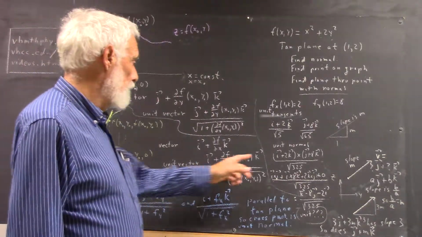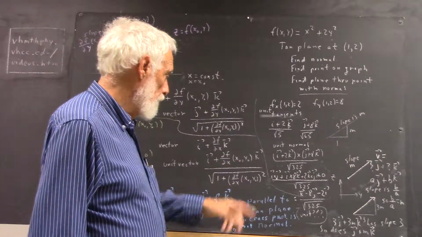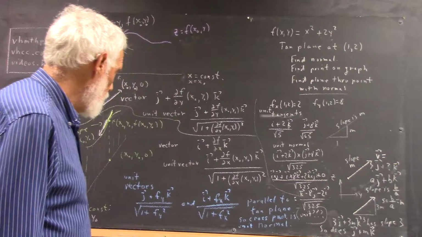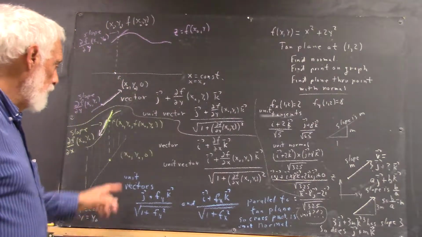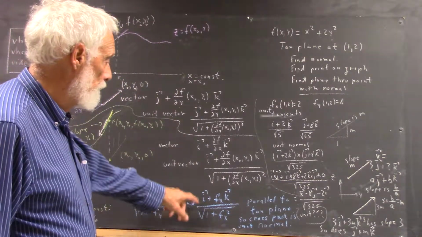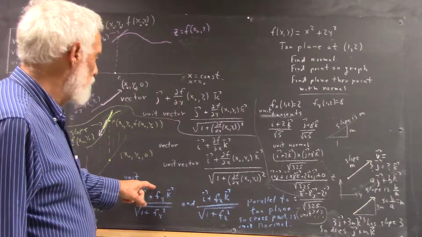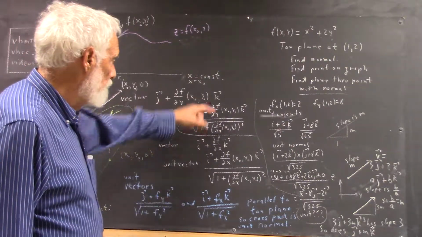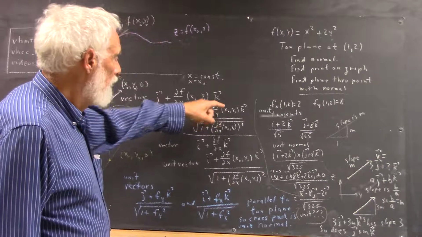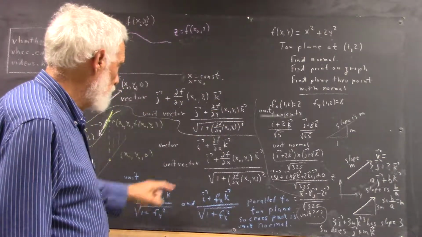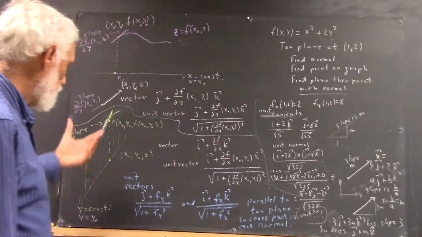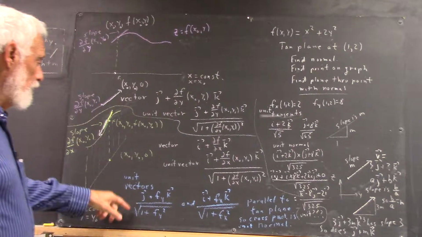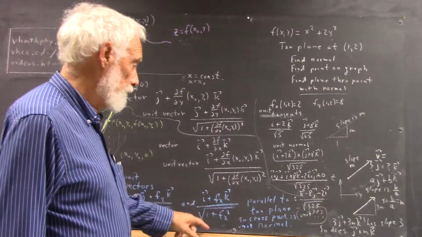And then if we wanted to write the unit vector, well, I went back to writing the x naught and y naught. So we have these unit vectors, where now I've written just plain fy instead of partial of f with respect to y, and understand that this is fy evaluated at our x naught, y naught. So we have this unit vector and this unit vector.